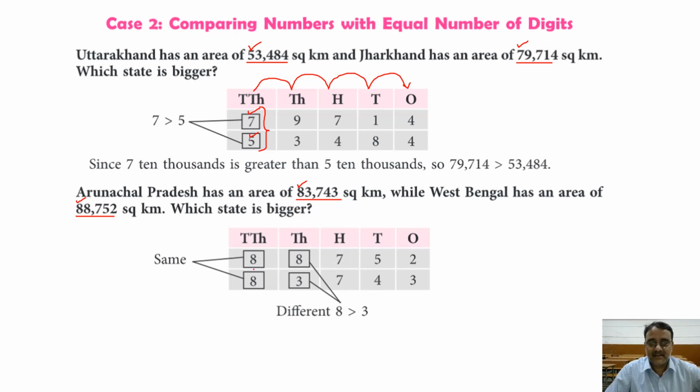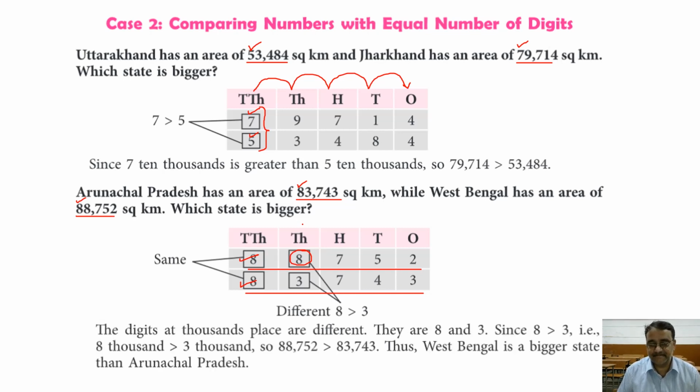See, this is the first number, 88,752, and here 83,743. These two digits are same, and now we have to check for 1,000. So in the 1,000 place 8 is bigger, that means 88,752 square kilometer is greater than 83,743. Right? So West Bengal is a bigger state than Arunachal Pradesh.